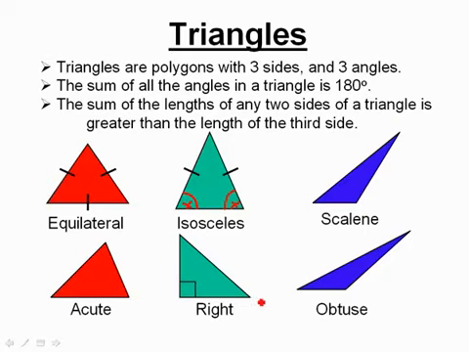So, for instance, you could have something known as a right isosceles triangle, or an isosceles right triangle, in which case there'd be a right angle, and these 2 sides would be equal. As a result, these 2 angles would be equal. And since all 3 angles in a triangle total 180, 180 minus 90 is 90, divided by 2 is 45, so each of these would be 45 degrees, if it was an isosceles right triangle.